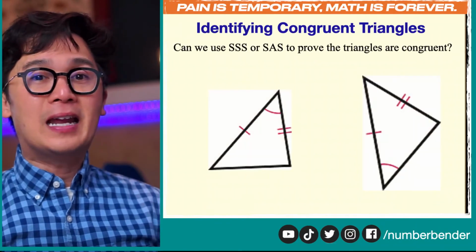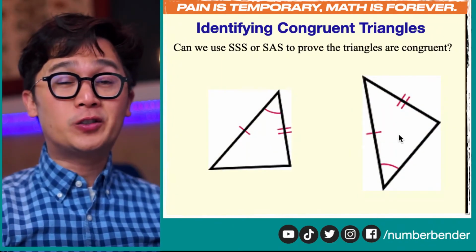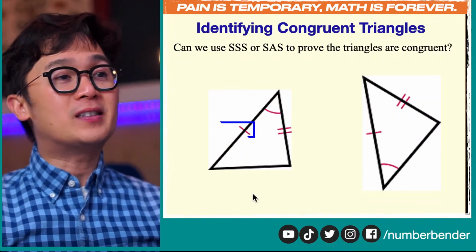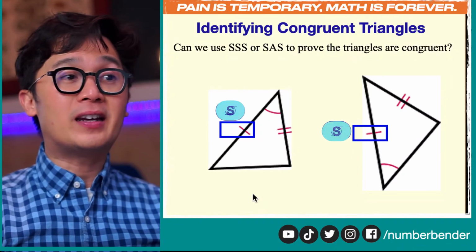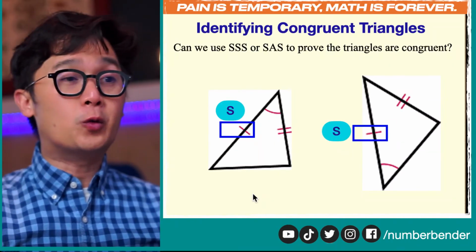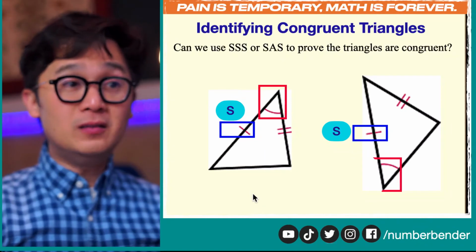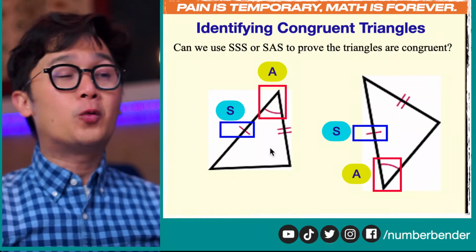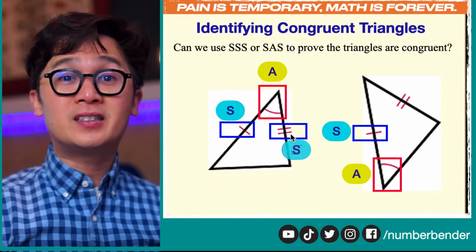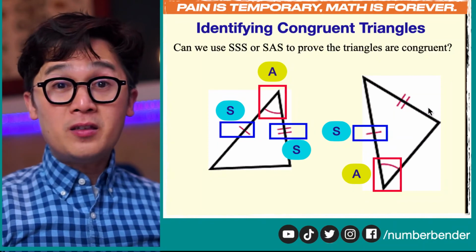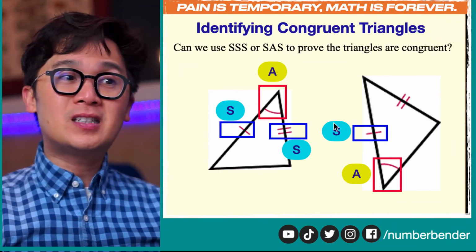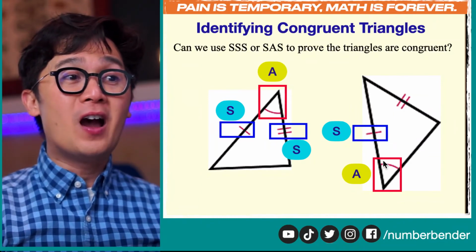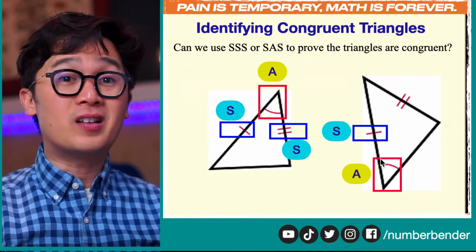Next, let's have triangle 1 and triangle 2, and let's see if their corresponding sides and angle are congruent. So this is our side and this is the other side, and they are corresponding and also congruent. This is our angle and this is the second angle, which are also corresponding and congruent. However, for this particular side, on the other triangle, that side is congruent to this side, but the problem is it's not included between these two items that we have on the second triangle.